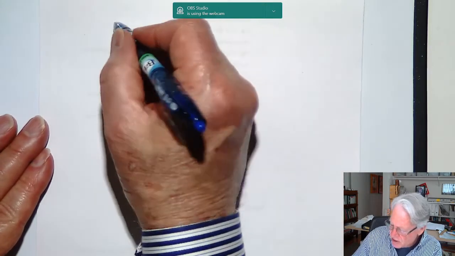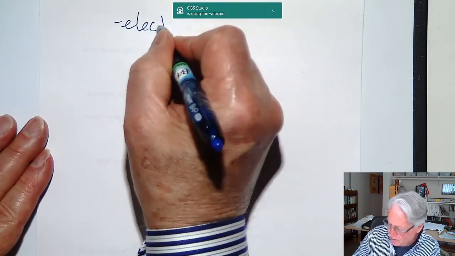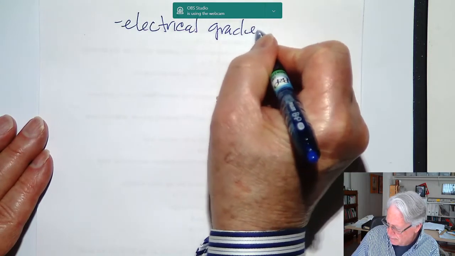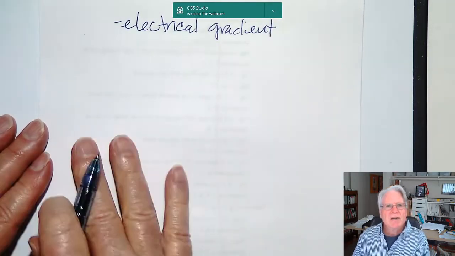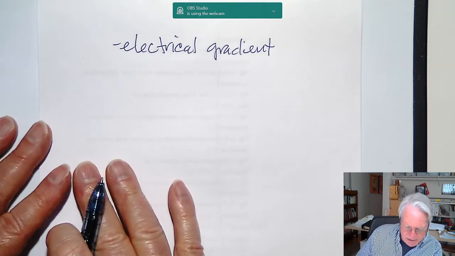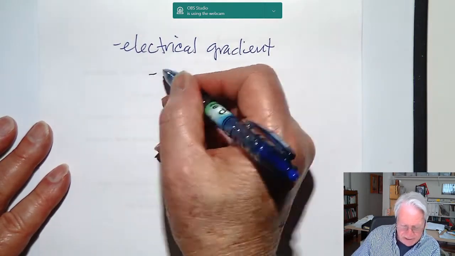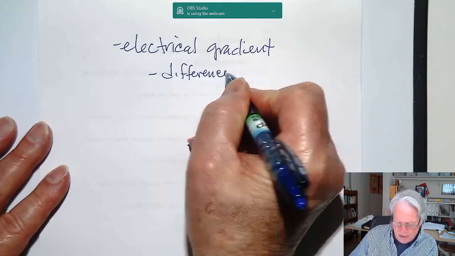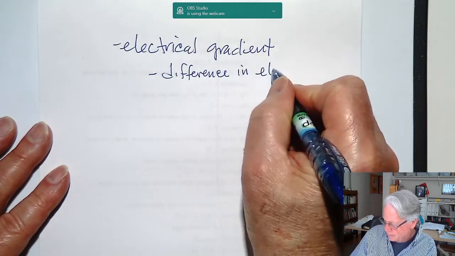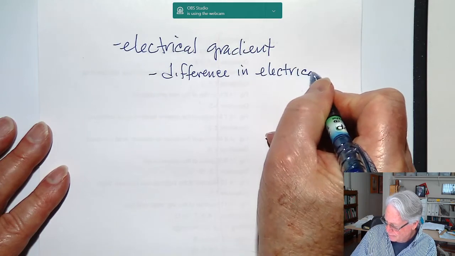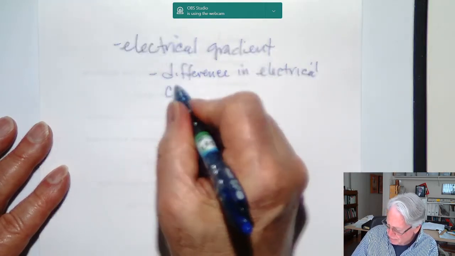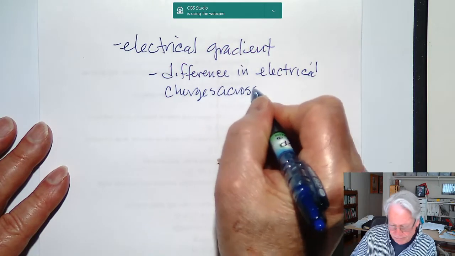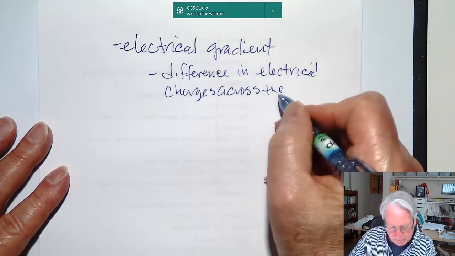Okay, so we can have an electrical gradient. And an electrical gradient is just what it sounds like, a difference in electrical charges across the membrane.